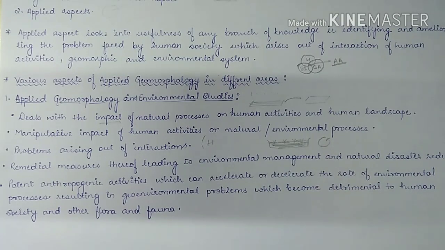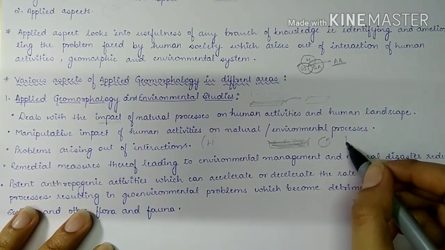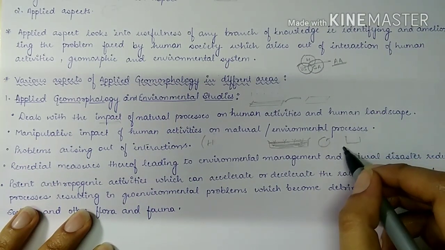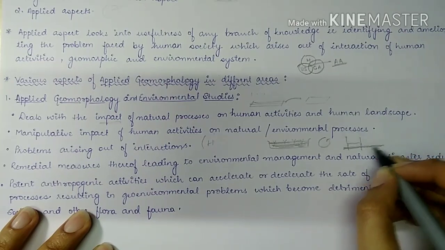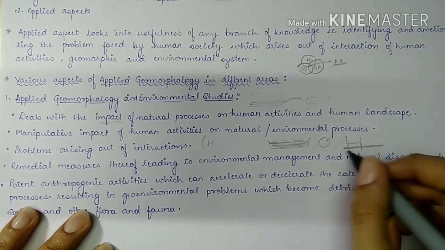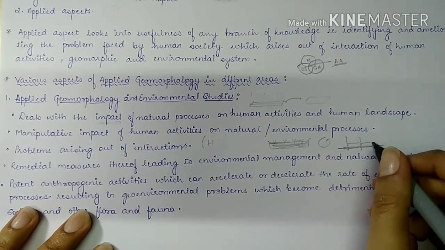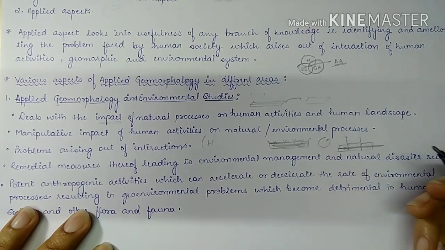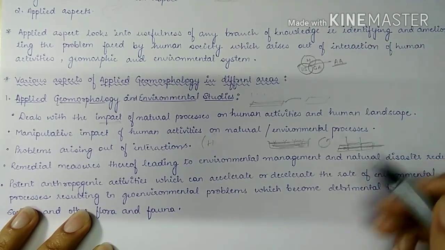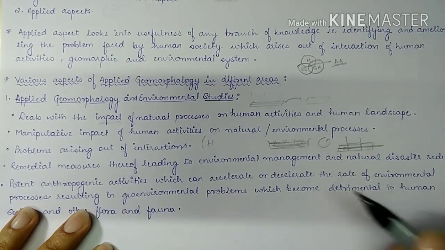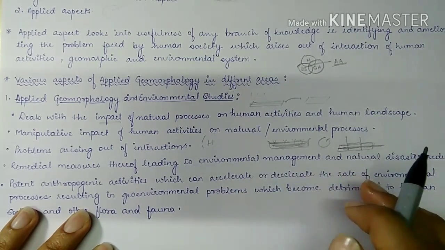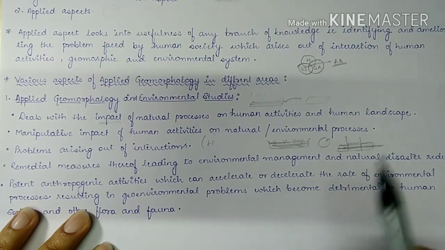For example, when dams are built on fault lines, they loosen the land much more, because of which the rate of tectonic activity gets faster. This is also an effect of human activities. Another impact is that excessive mining causes landslides in neighboring areas. These are various problems which arise out of their intersection.